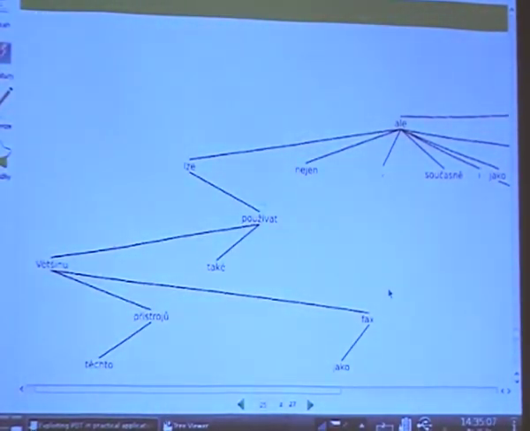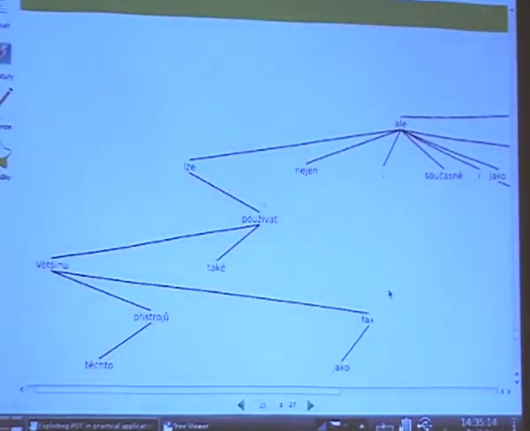Well, that was not possible because of the word současně. It's not possible to modify a coordination of non-verbs by an adverb. So any coordination that is modified by an adverb has to be changed to a coordination of two verbs.